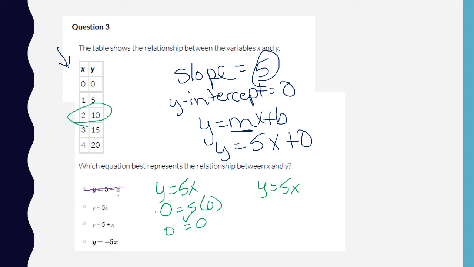Let's go ahead and pick this one. So my x is 2 and my y is 10. 5 times 2 is 10. 10 does equal 10, so that is our answer. And it's the same thing we got here because that plus 0 I don't always mention. Remember, it's just understood.